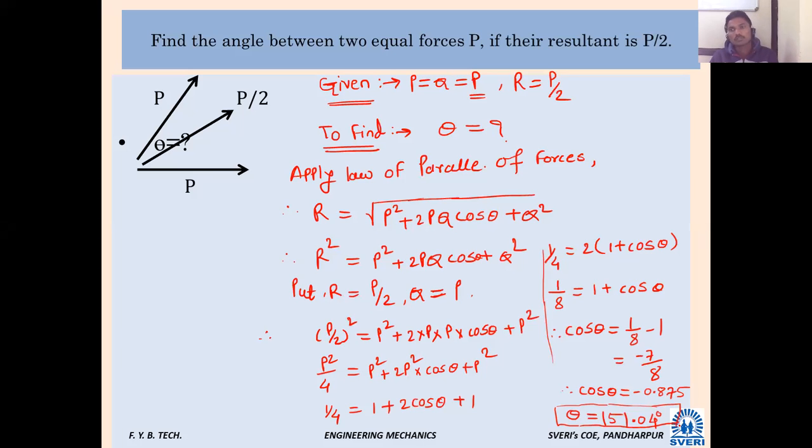Two forces were given in terms of a single force, meaning the two are equal. Also the resultant is given in terms of those two forces, half of that force. No value was given, but still we can find the angle between them. Suppose it is not asked, but if it were asked, what is the angle made by the resultant with one of the forces, is it possible to calculate?